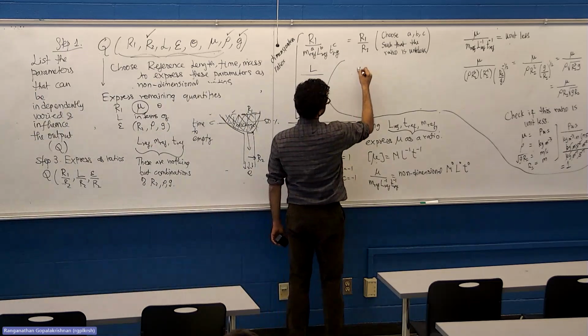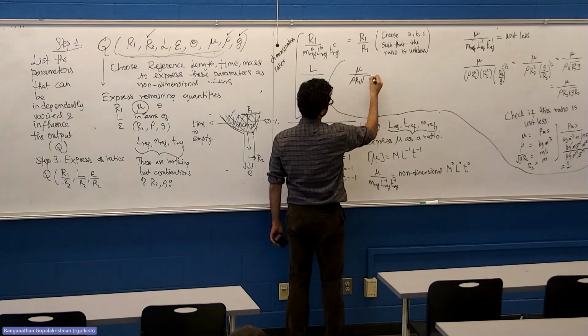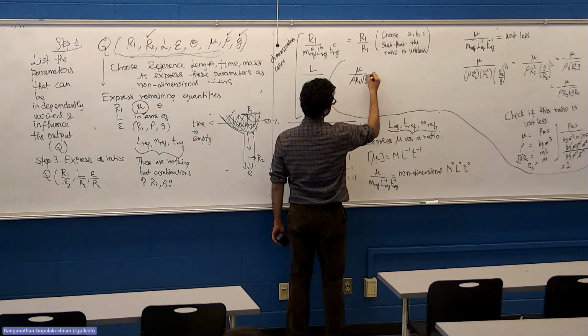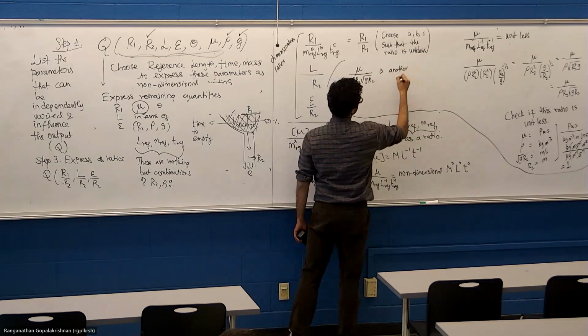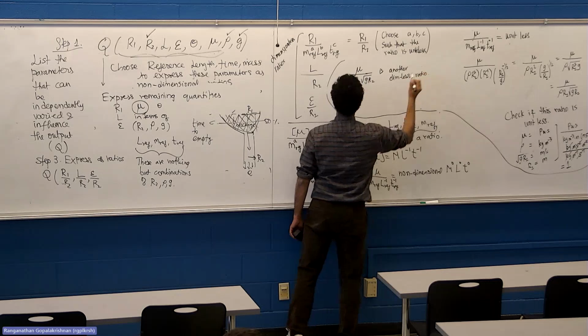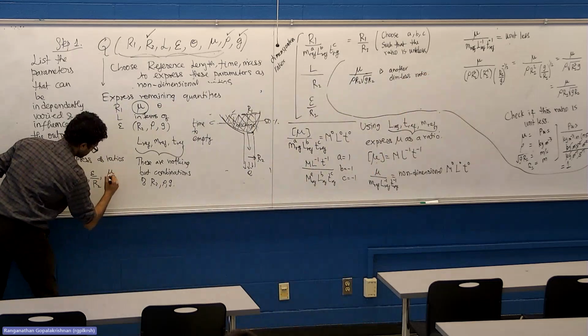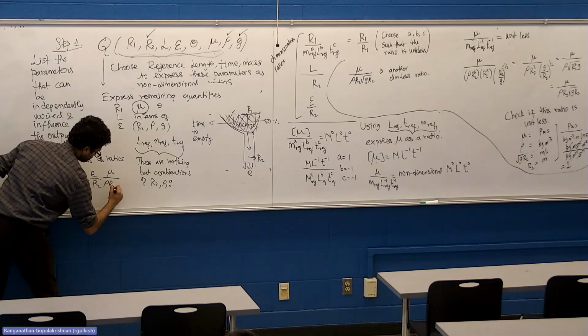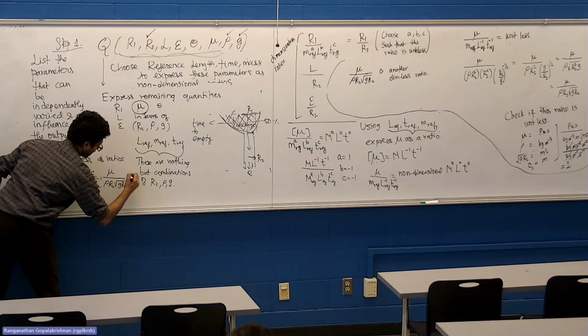So viscosity divided by rho R2 square root of G R2 is another dimensionless ratio. So over here, I'll write mu over rho R2 square root of G R2, and then I have theta.